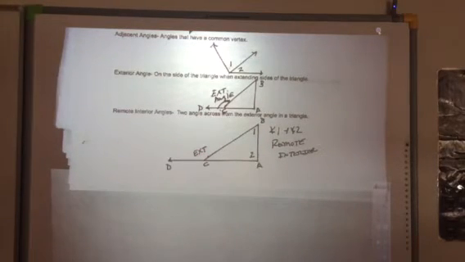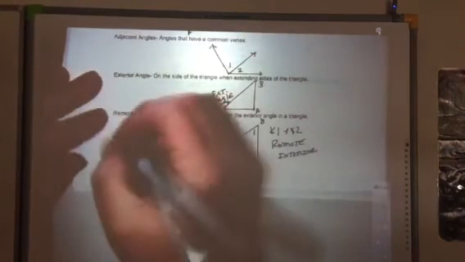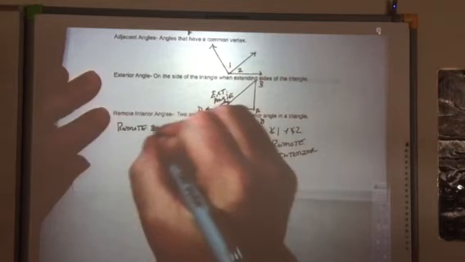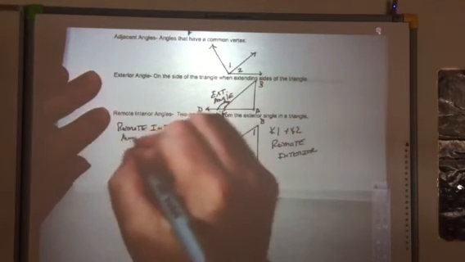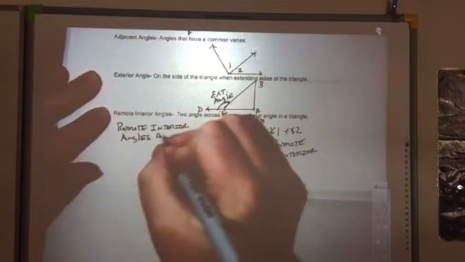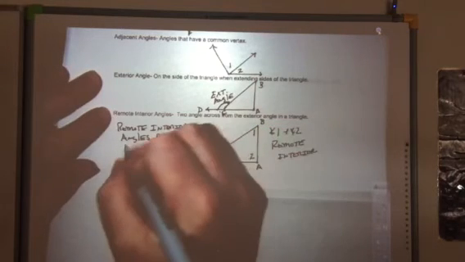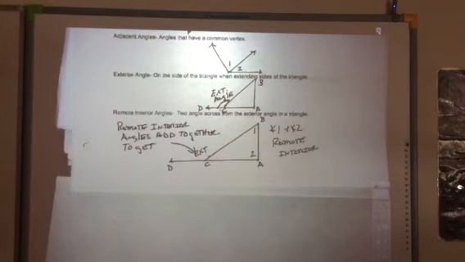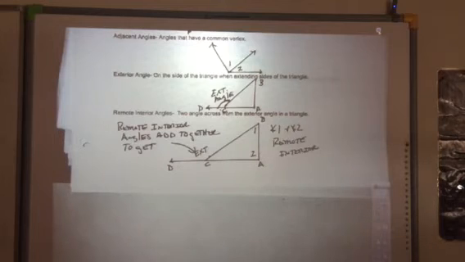And one thing you need to know is the remote interior angles add together to get the exterior angle. So these two added together will equal the measure of the exterior angle.